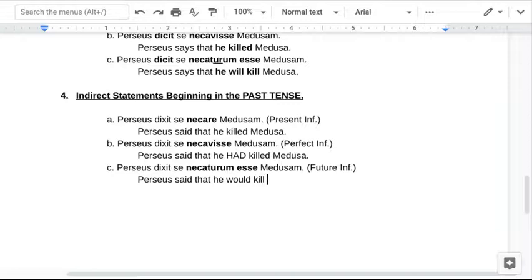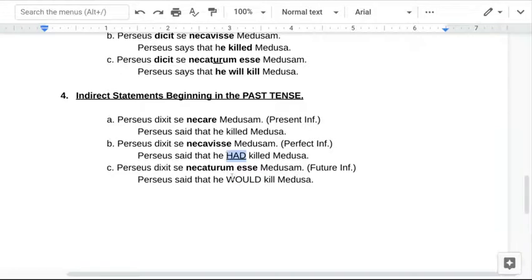Because you're referring to something that happened in the past, expressing something that hasn't happened yet, and none of that makes sense. But just know that if you start in the past and go to the future, it translates as would. And that's a pretty unique translation for that.